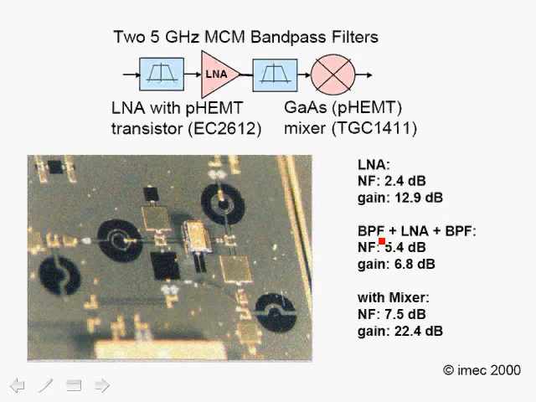The noise figure of the composite bandpass filter plus LNA plus bandpass filter is 5.4 dB. As you can see, it's increased compared to the noise figure of the LNA, and the overall gain has decreased going through the bandpass filter. If we add the mixer, the noise figure has increased. The mixer has increased the noise figure from 5.4 dB to 7.5 dB.